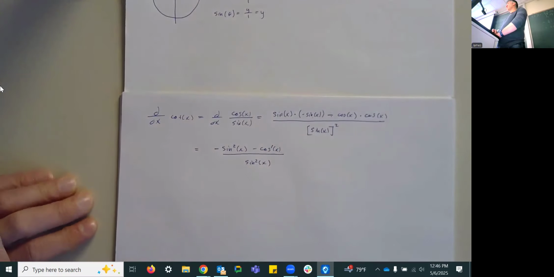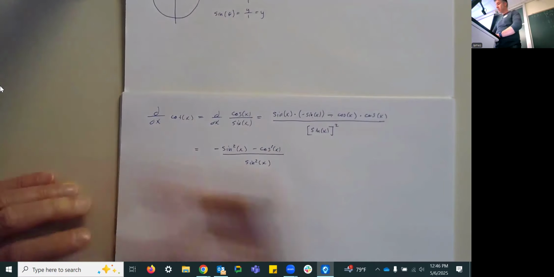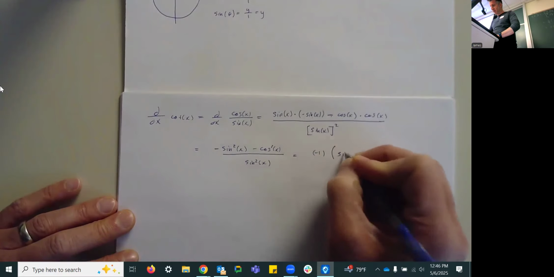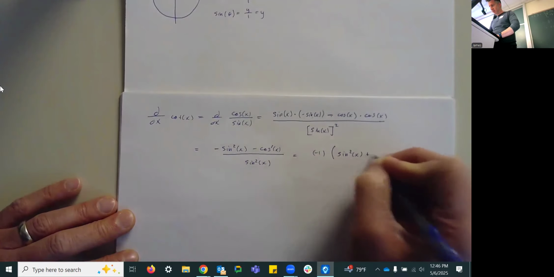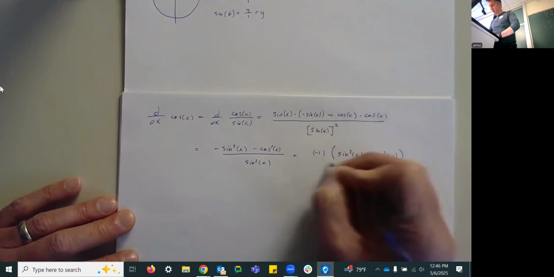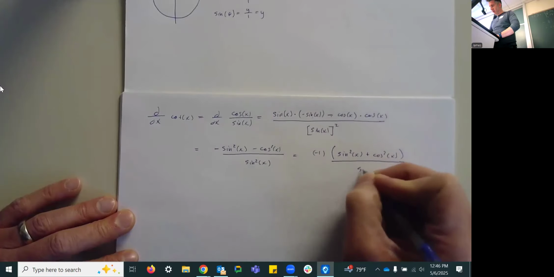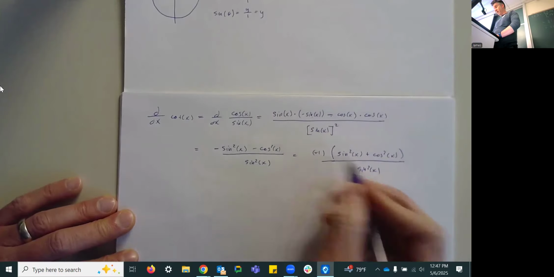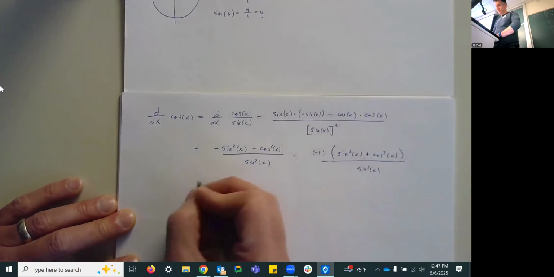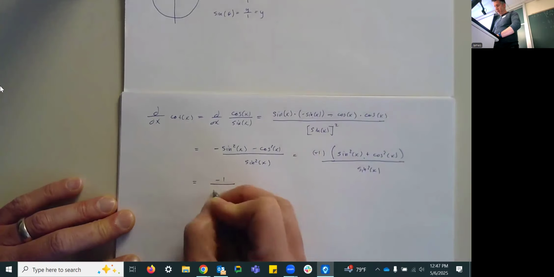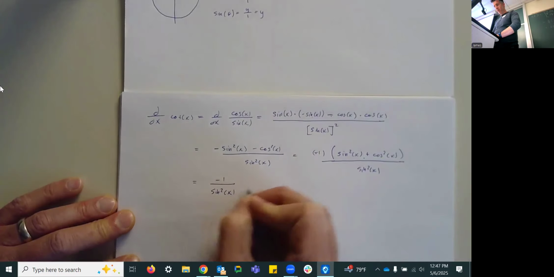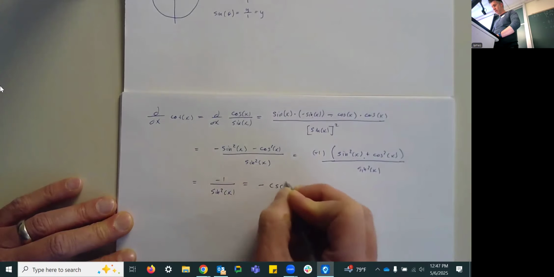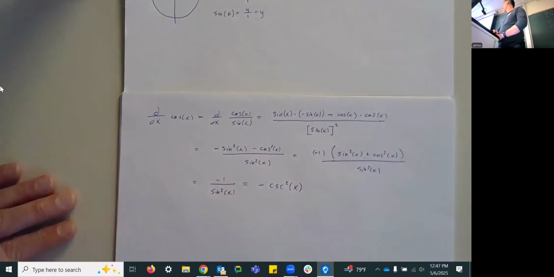And if I factored out the negative 1 from the top, we would have negative 1 times positive sine squared of x plus cosine squared of x, divided by sine squared of x. And now we can say the numerator here is negative 1 times 1. That's going to be negative 1 divided by sine squared, or more typically written as negative cosecant squared of x.